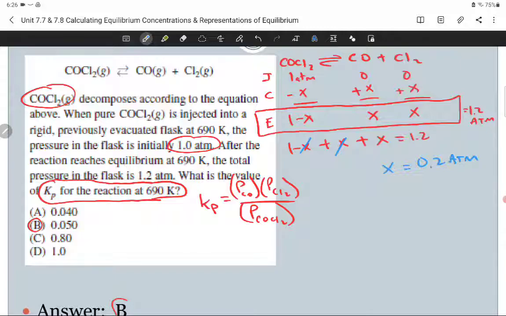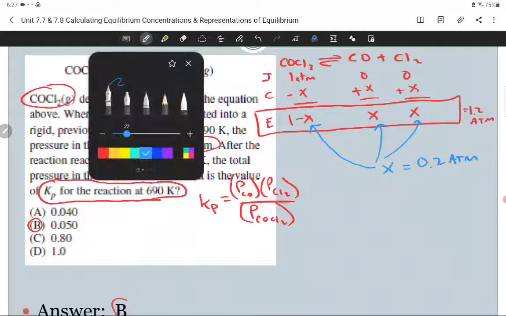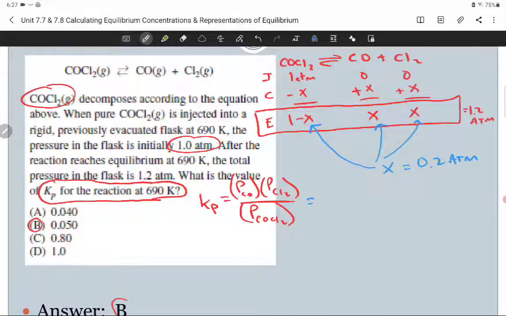So we can take that value and stick them in those spots. So the products have a value of, we'll leave this as blue, 0.2 for the CO partial pressure. We have a 0.2 for the Cl2. And then down below we have 1 minus 0.2, which is 0.8.